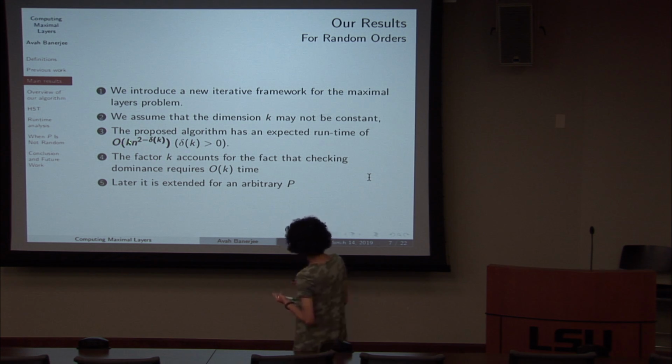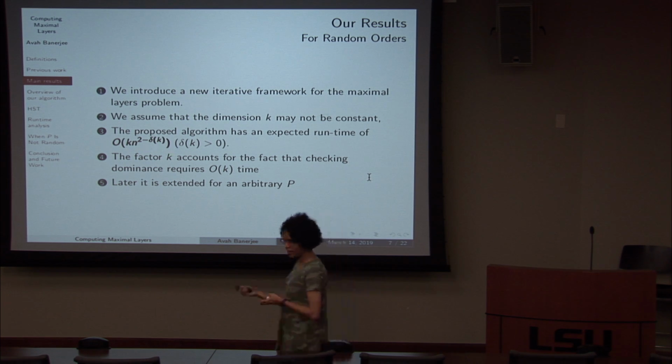And so our complexity result is n to the power of 2 minus delta k, and this can never go beyond n squared. This delta k is a fairly complex function. I don't think we'll see it today.